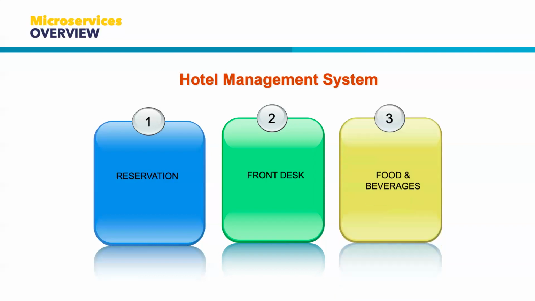And then you also have food and beverages. For example, I want to order from the restaurant delivered to my room, or I just want to have a buffet lunch. Then that is the food and beverages service. So the idea is, in monolithic architecture, all this business logic is stored into one package.